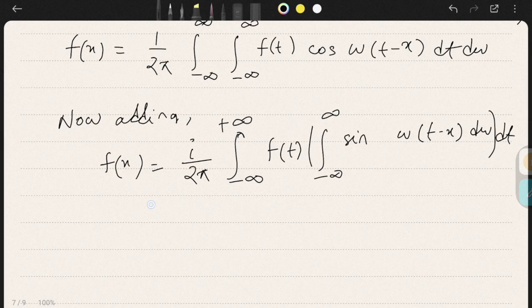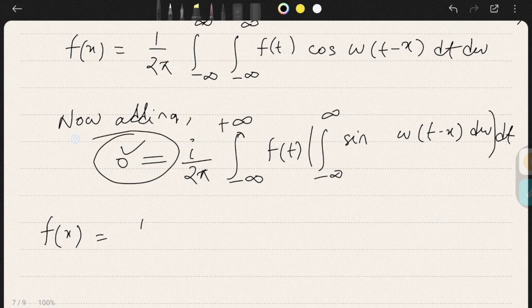So let's add. Now we got f of x. Actually this is nothing, just add it. Adding this with f of x, we get f of x equal to the following. See why we can add: this whole term is actually equal to 0.